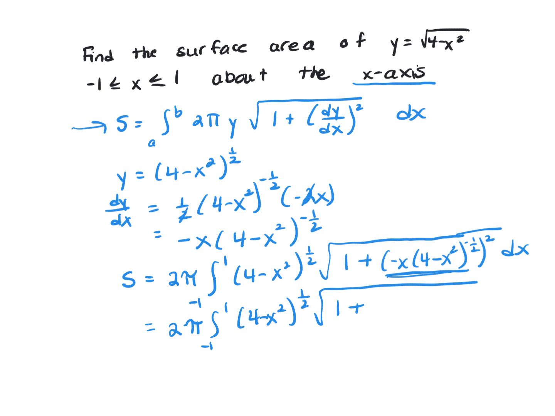So square the -x, and that will give you x squared. And then you are squaring (4 minus x squared) to the -1/2. You multiply your exponents, and that gives you (4 minus x squared) to the -1/2 times 2, which is a -1, dx. Integrate, and you will find your surface area.